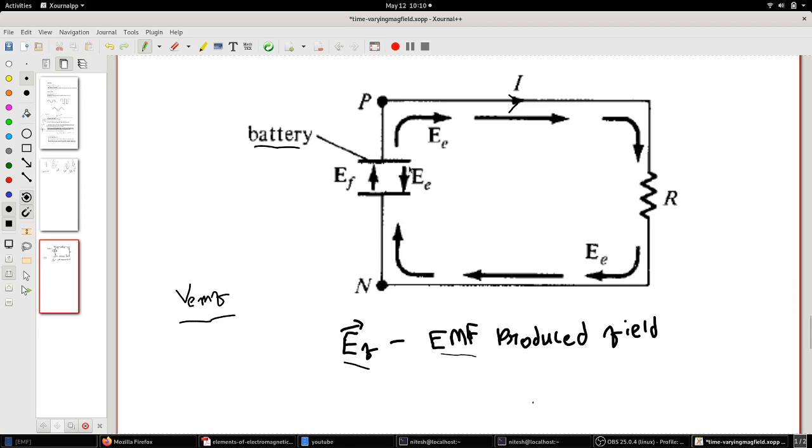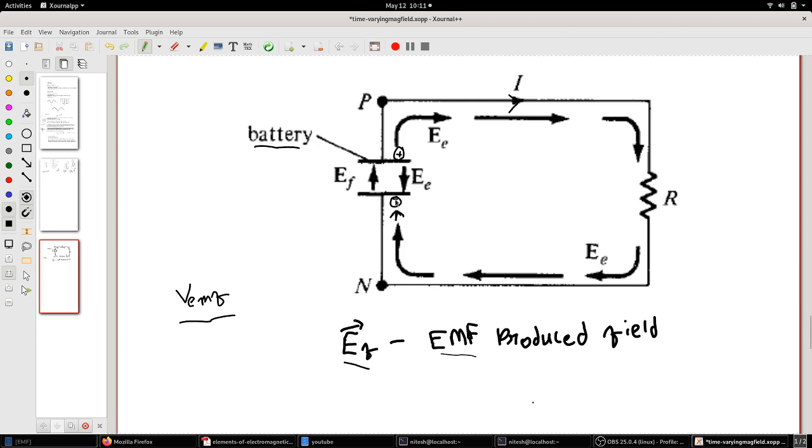At the same time, there is an accumulation of positive charges on this terminal and negative charges on this terminal. The moment you have that accumulation of charges, an electric field is generated, and the flux lines flow along this path and enter into the negative charges.